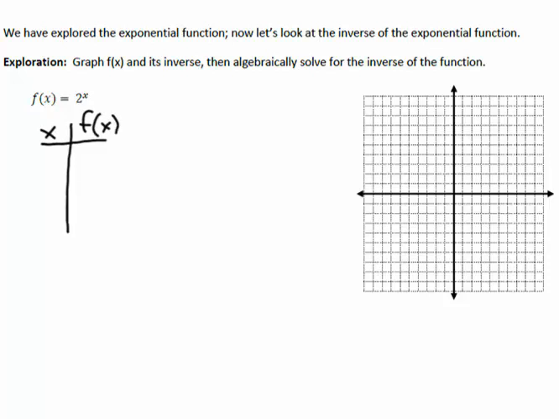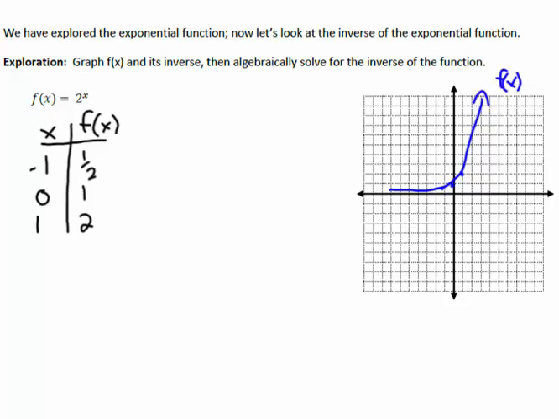And if we remember the points we want to find, if we do -1, 0, and 1, that'll help us find our key points of 1/2, 1, and 2. And so we can easily plot those points on our graph like so, and we can do a sketch. We know we have a horizontal asymptote, and here is a quick sketch of our function f of x.